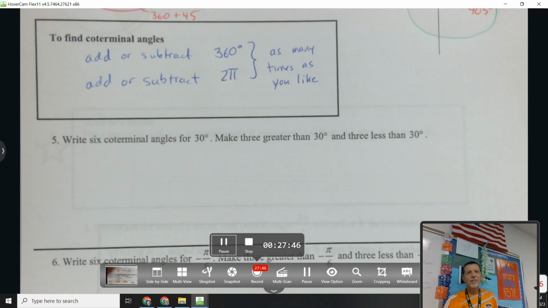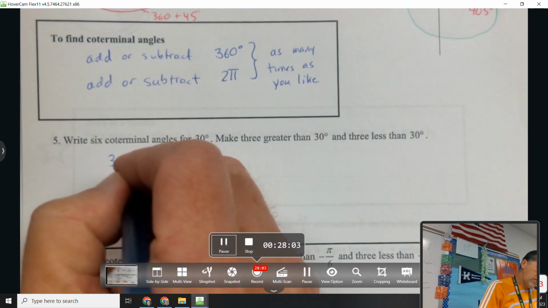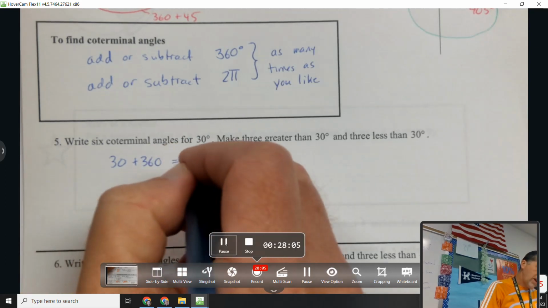Side note, this would be a reason we give multiple choice tests, because if we give an open-ended test and ask you on number 5, write 6 coterminal angles for 30 degrees, make 3 greater than 30, make 3 less than 30. Okay, so I can add 360, and that gets me 390. There's one of them.